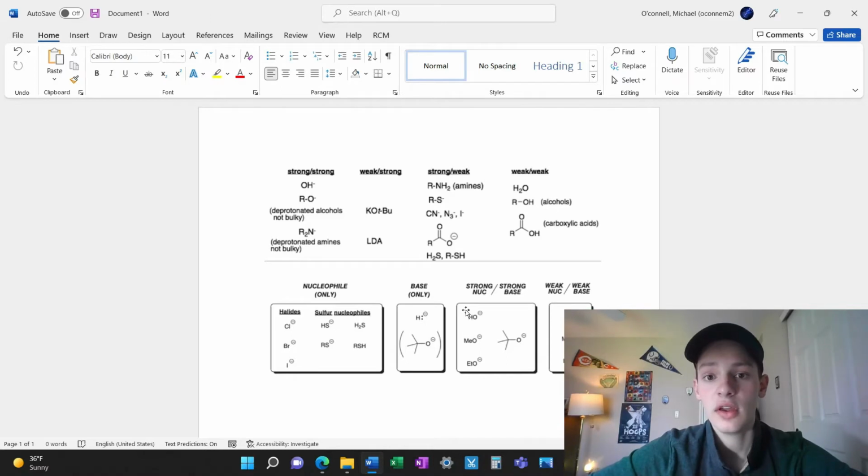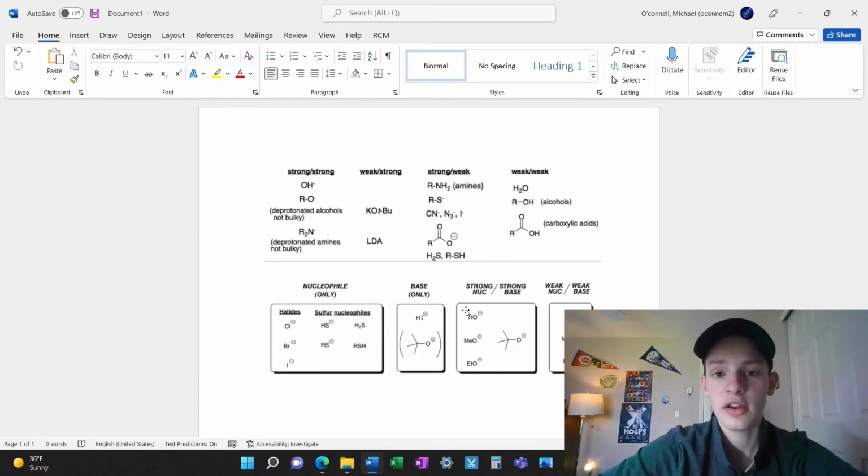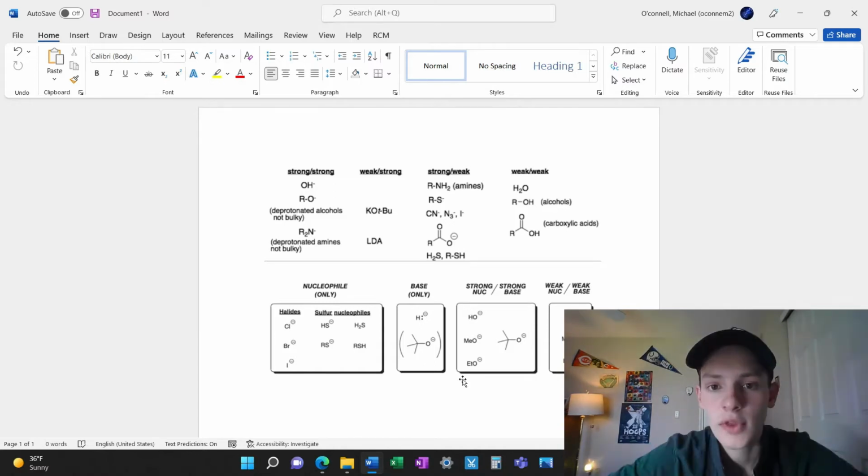For instance, OH minus, or an OH group on a compound, is going to be a very poor leaving group because it's a very strong base. However, water, so if you have an OH2 plus on a compound, that is going to be a very good leaving group.